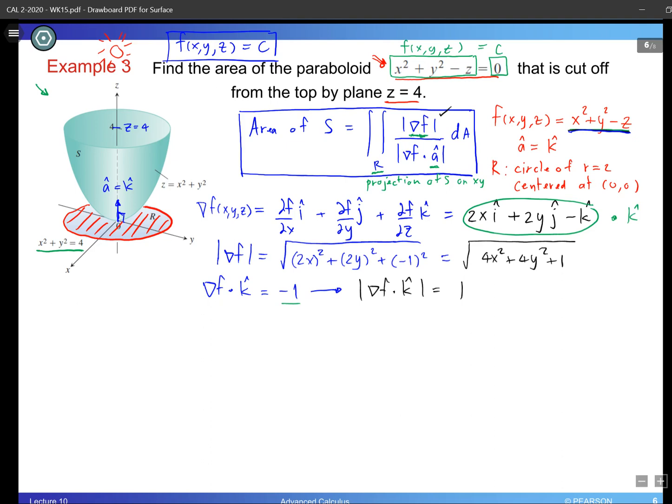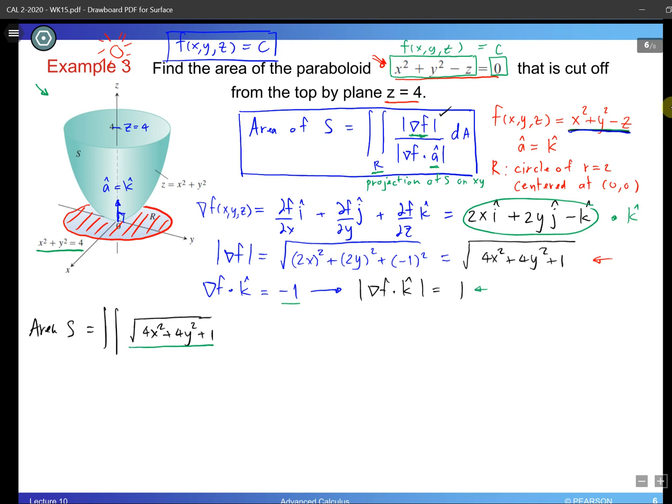Let's construct the formula down here on the left hand side. The area S is equal to the double integral of the absolute value of the gradient of f, so it's going to be the square root of these whole terms: the square root of 4x squared plus 4y squared plus 1, divided by the absolute value of the gradient of f dot k hat, and that is equal to 1 right here.